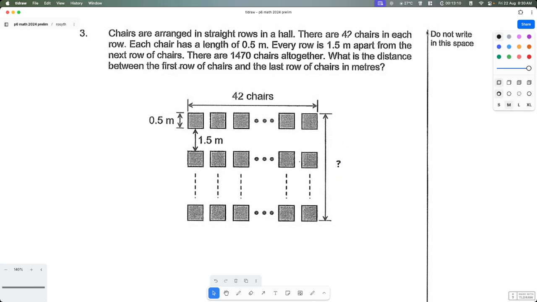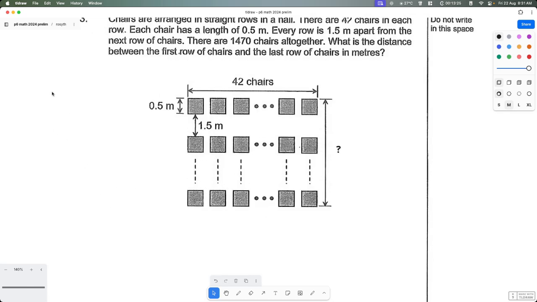We know that the chair over here is a square. I don't know if they mentioned it here, but it should be mentioned that these rows are chairs. Either way, one row is 42 chairs.